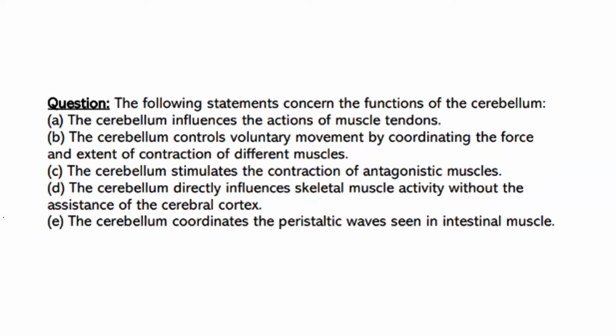Okay. So the following statements concern the functions of the cerebellum. A, the cerebellum influences the actions of muscle tendons. This one's a little bit tricky, but the cerebellum doesn't influence tendons, it influences the muscles themselves. B, cerebellum controls voluntary movement by coordinating the force and extent of contraction.